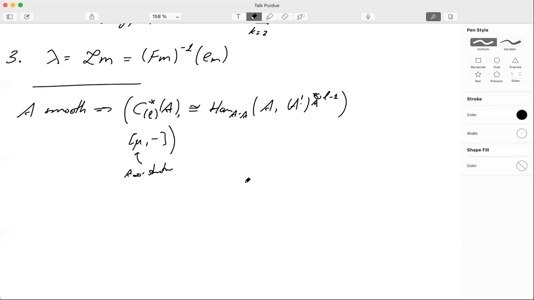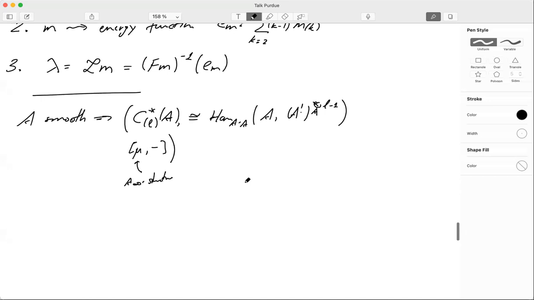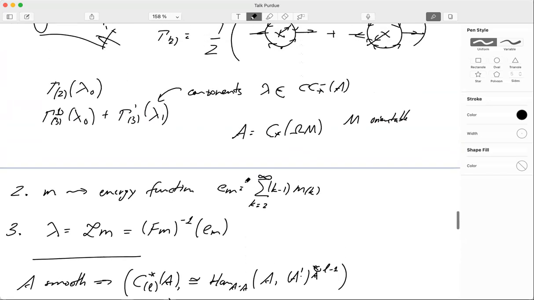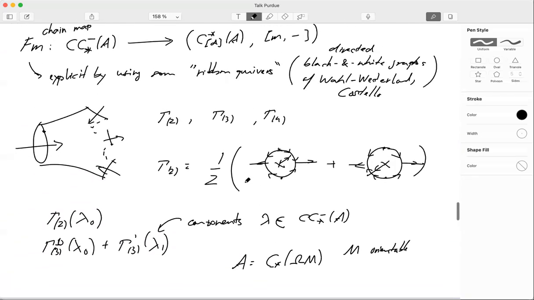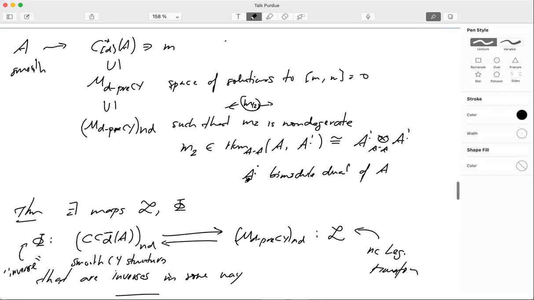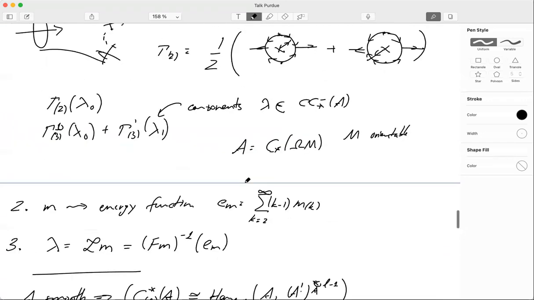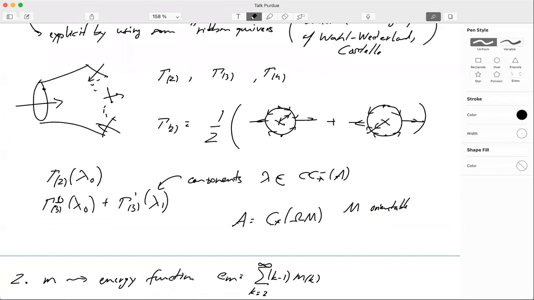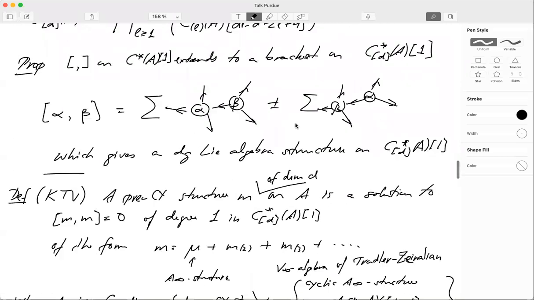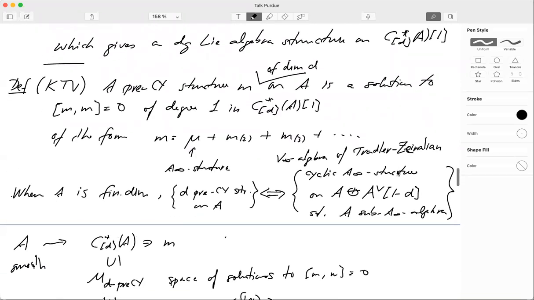I have another comment, another example, which I think should give an example for Natalie and Ralph. Can you go up a little bit? Where you wrote A plus A dual shifted by 1 minus D. Where did you put that? Here. So look at the right hand side.